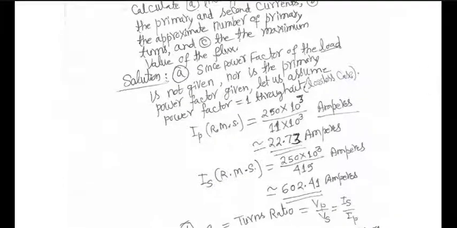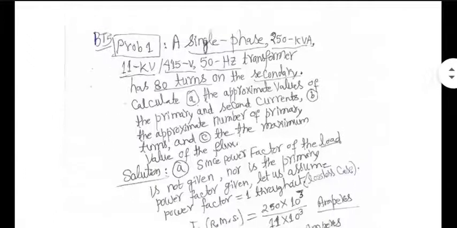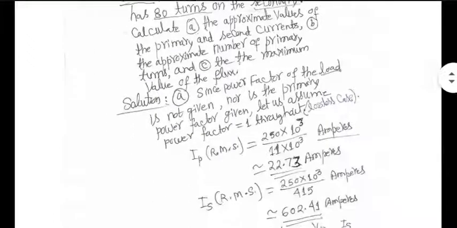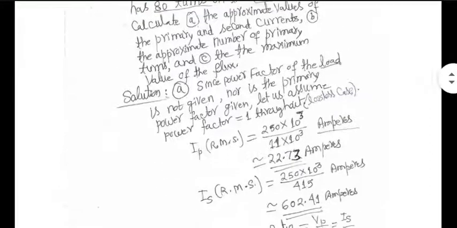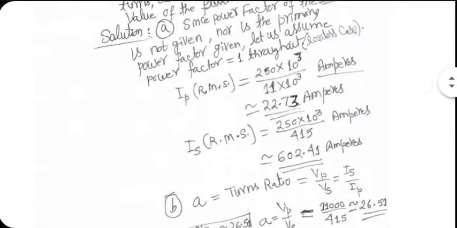Secondary current will be, there are several ways of doing it, but you can go again to the philosophy of kVA. So 250 kVA divided by secondary voltage, which is 415 volts. So 250 into 10 to the power 3 divided by 415. So secondary current is 602.41 amperes.